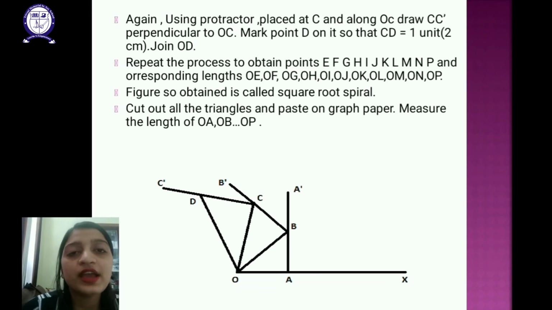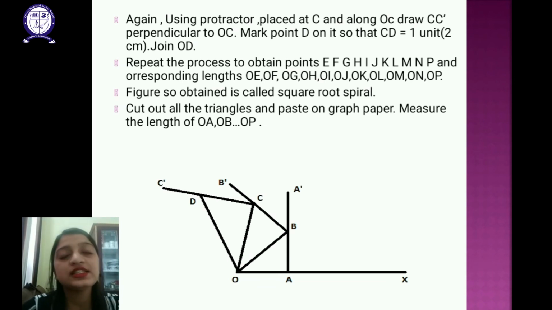Now if I apply the Pythagoras theorem, OD will come out to be root 4. Why? OD is the square root of CD square plus OC square, and OC square is root 3 square, that is 3. CD square is 1 square, 1. 3 plus 1 is 4, so OD will be under root 4.